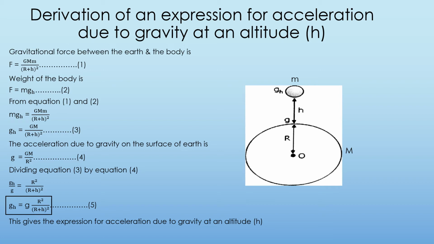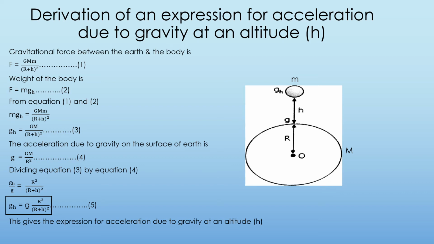Now, the weight of the body we can write as F is equal to m g_h, where g_h is the acceleration due to gravity at height h. We'll consider this as equation 2 and the previous equation as equation 1. Now from equations 1 and 2, m g_h is equal to G M m divided by R plus h whole square.